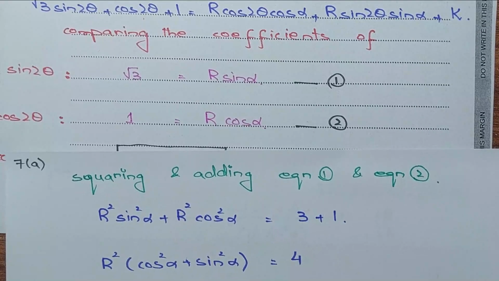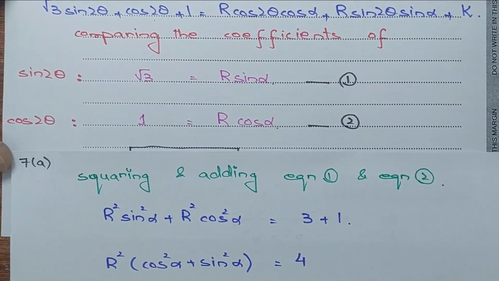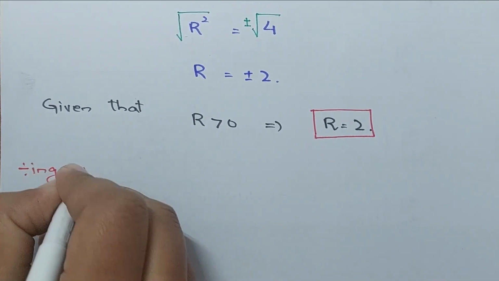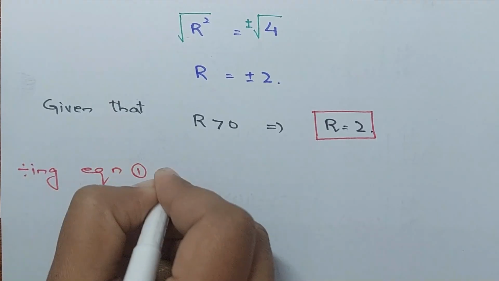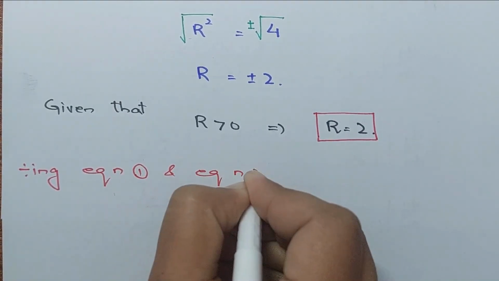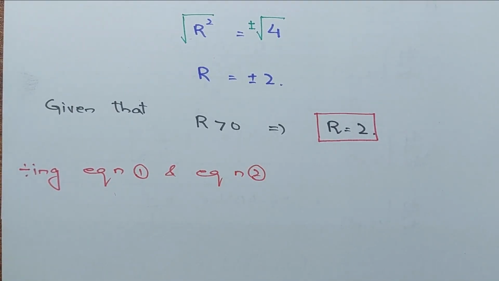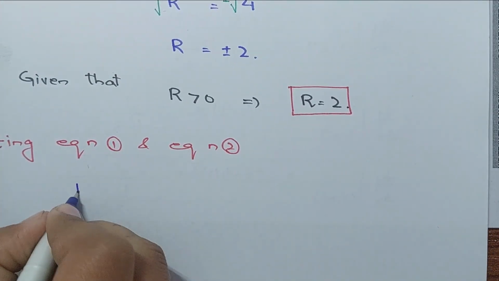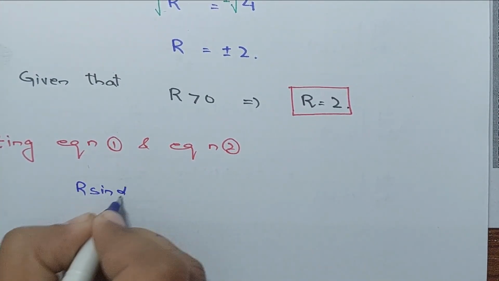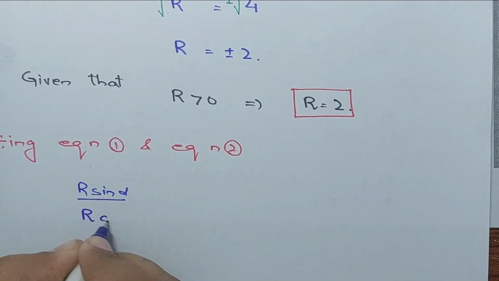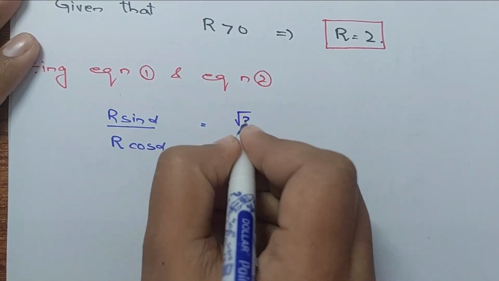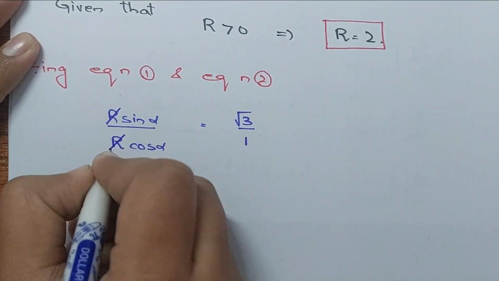Now to get the value for alpha, we can divide equation 1 by equation 2, right? Dividing equation 1 by equation 2. So r sine alpha over r cos alpha. R sine alpha divided by r cos alpha is square root of 3 divided by 1. Root 3 over 1. R is cancelled with r.